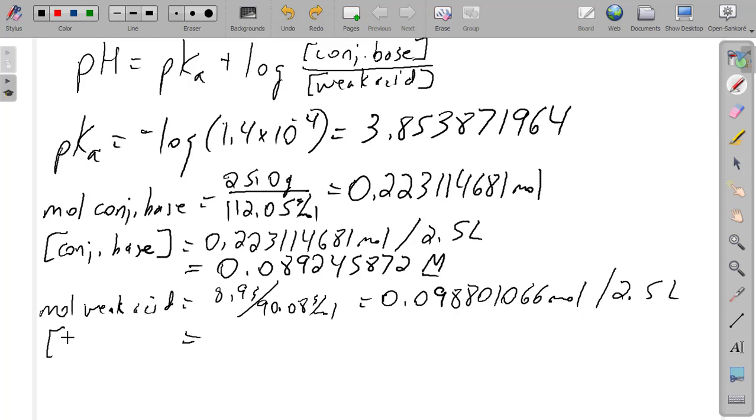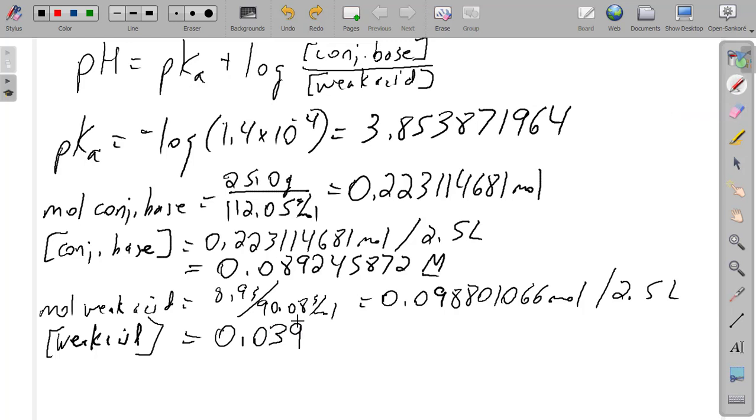The weak acid concentration is 0.039. Whoa, I don't know why it wrote that.